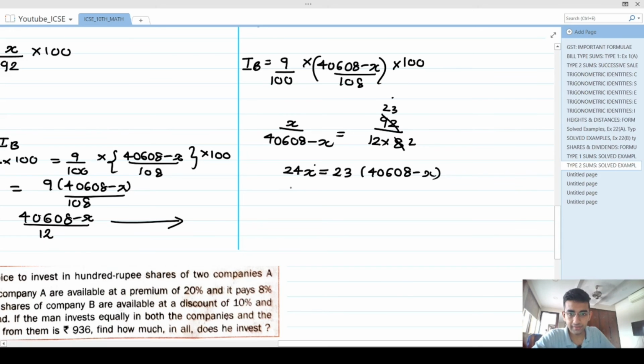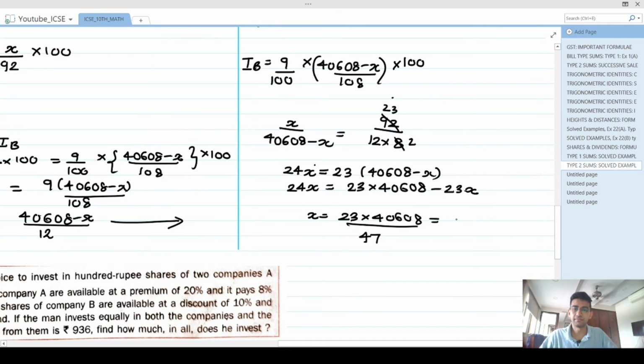So you will get 24x is equal to 23 into 40608 minus 23x. So you get x is equal to 23 into 40608 upon 47. Let's calculate this. You'll get x as rupees 19872.